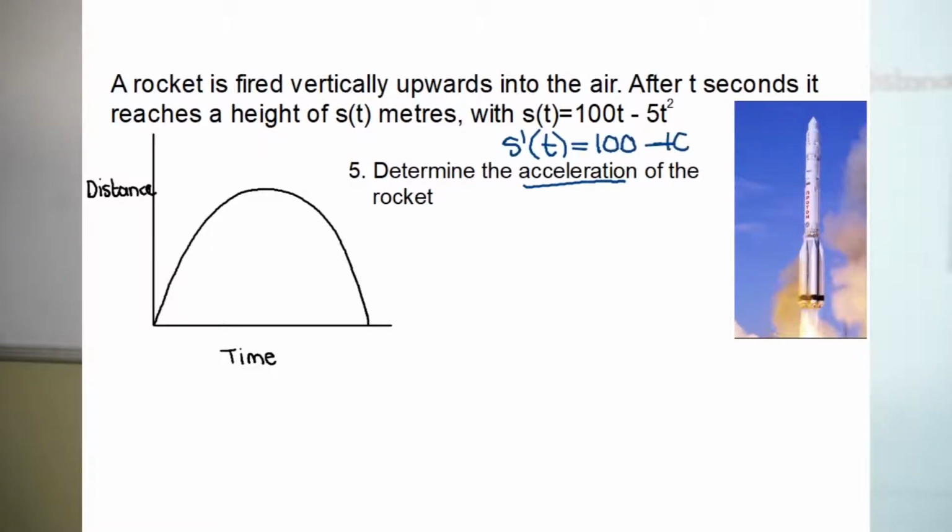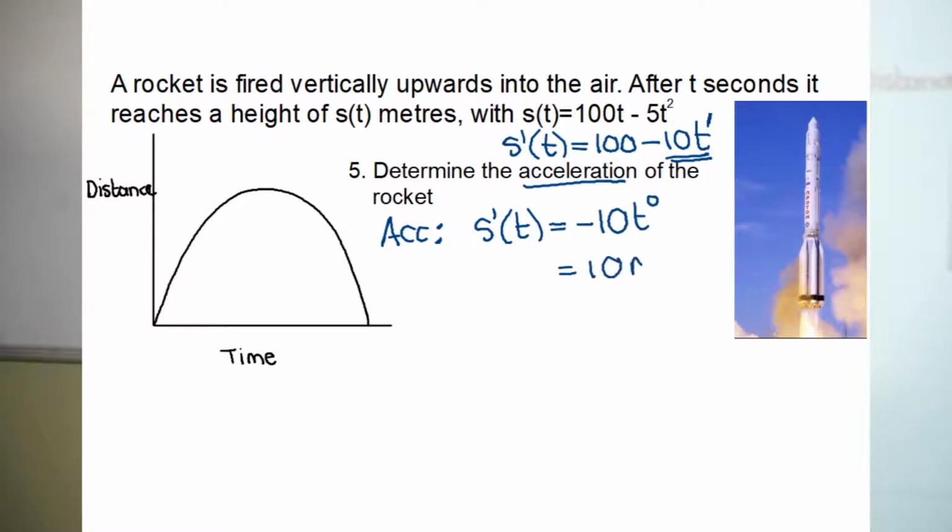If the velocity is given by the derivative, 100 minus 10t, then the acceleration will be the derivative of the velocity equation, which means it's the derivative of the 100, which is 0, it's a constant, and then the derivative of the second term will be negative 10 t to the power 0, which is negative 10, and the unit will be meters per square second at this stage.